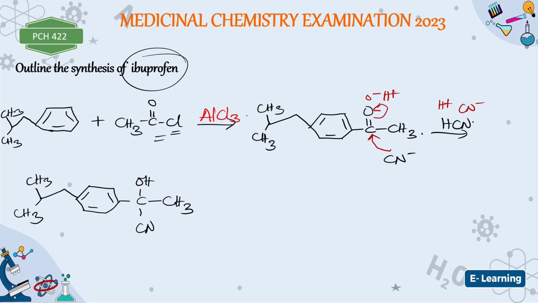So you are going to have a reduction where this group here will be reduced. If you reduce something, it means you are removing oxygen and adding hydrogen. In this case we are removing oxygen because there's no hydrogen to remove here. So you have a reduction reaction. What will be the product of this reduction reaction? It's going to give us something like this.